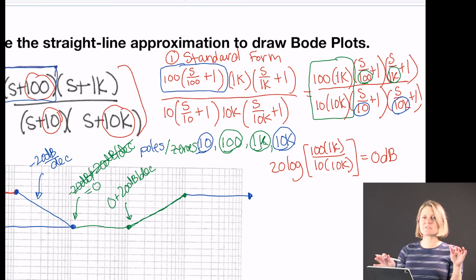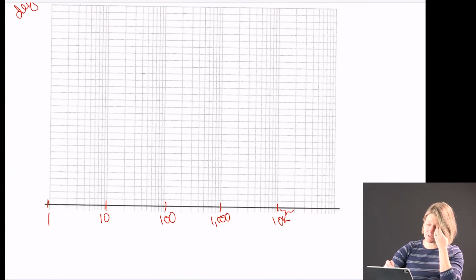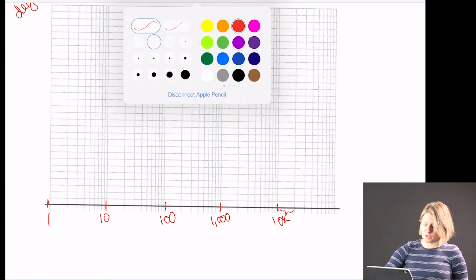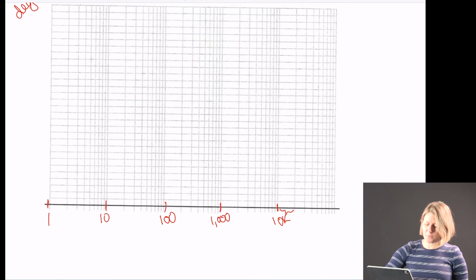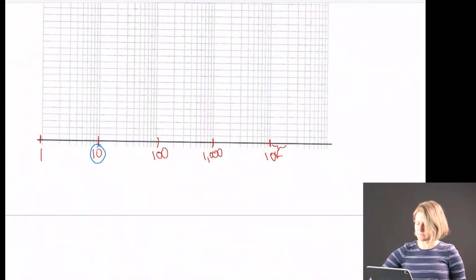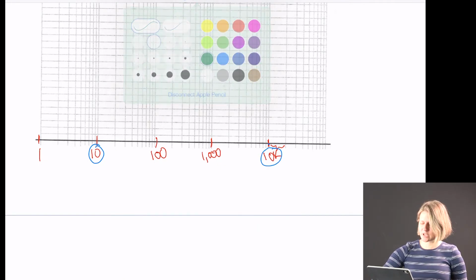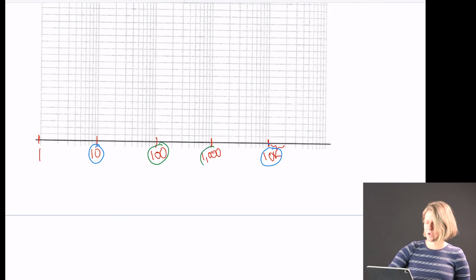So remember, this does not add like the magnitude. This is totally separate. You have to identify each region. So we knew that we had a pole at 10 and a pole at 10K, and then we had zeros at 100 and 1,000.